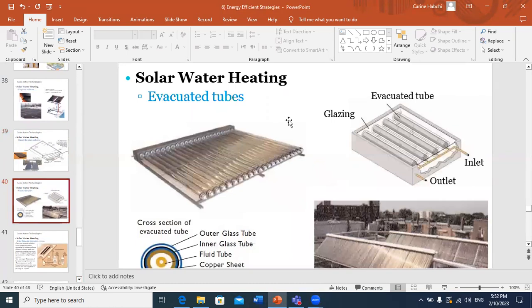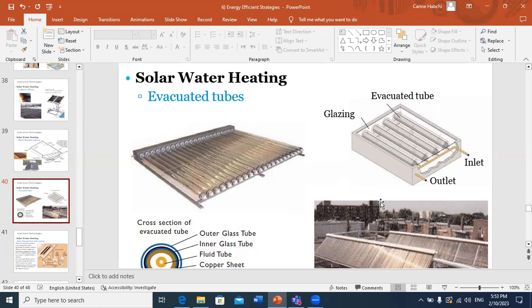Another, more complicated system is the evacuated tube. Of course, the initial cost will be much larger, but you can store more energy and you can deliver a larger power.